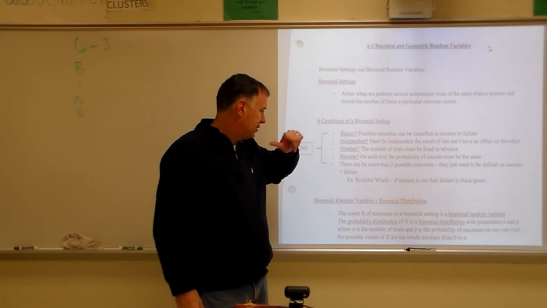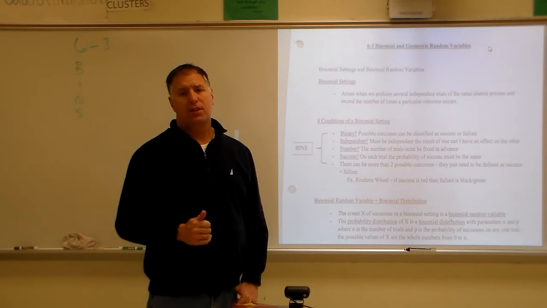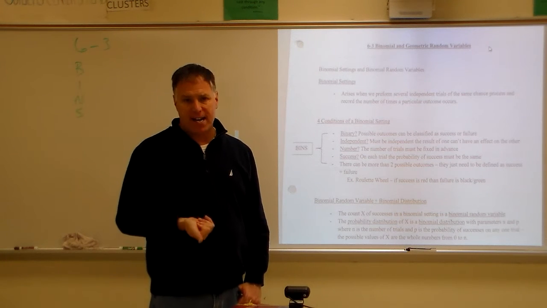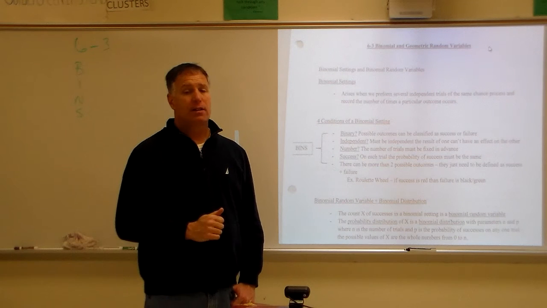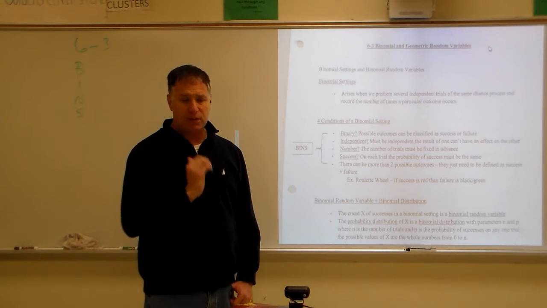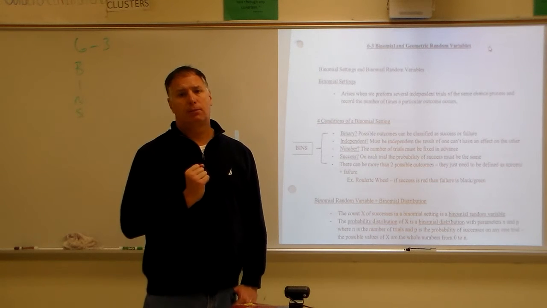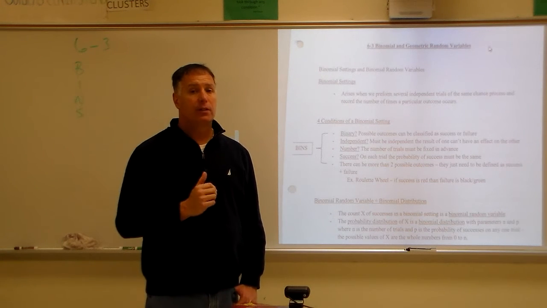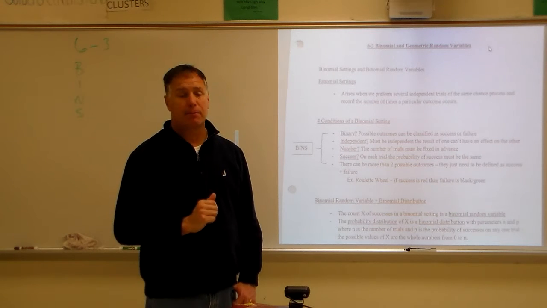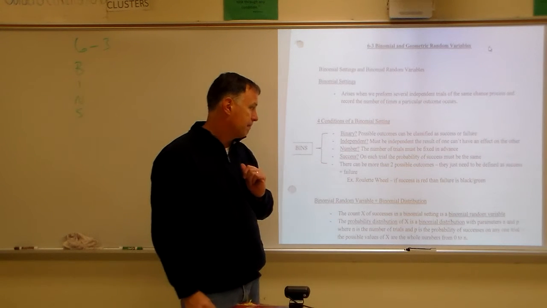And then S, success. You have to have the same success rate each time. When you flip a coin, the probability of getting heads is 50% each time. When you roll a die, the probability of getting a 5 is 1 out of 6 each time. So that probability needs to be the same.